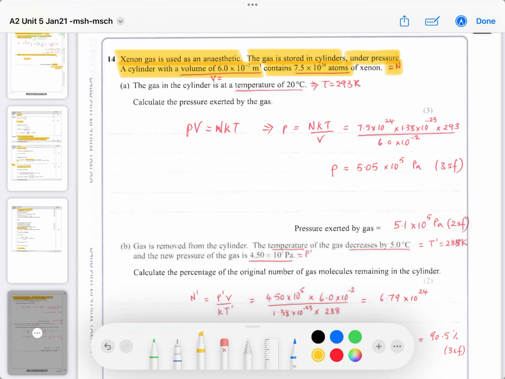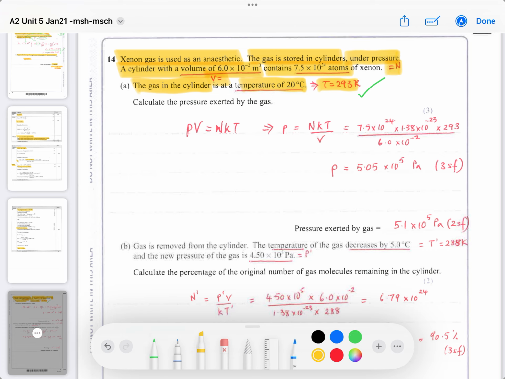So that's your N. There's your V. The gas in the cylinder is at a temperature of 20 degrees centigrade. Now remember, in these gas laws, you've got to change it to Kelvin. So that'll be 293 Kelvin. You probably get a mark just for doing that.